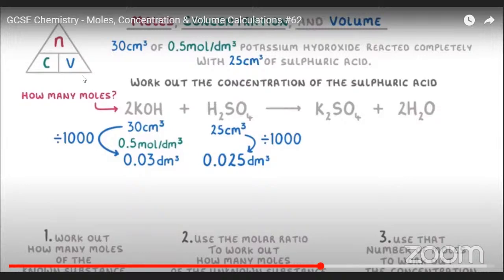Emil, have you got the answer? You just have to substitute in here. What we are looking for is the moles, so you cover moles. You have the concentration of potassium hydroxide and you have its volume. So the formula would be that, just multiplication.